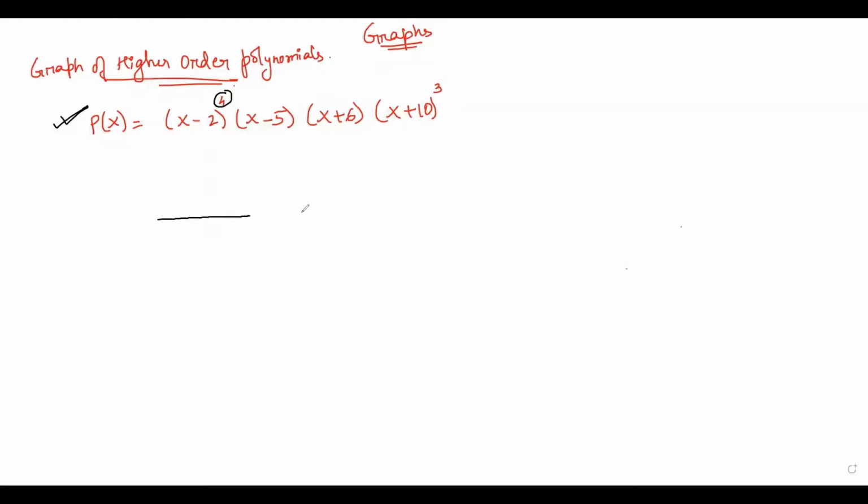So if we draw the number line or the x-axis, and if we plot the critical points on this line, the points would be -10, -6, and +5. But we are not considering the point +2 on this line as the power here is even.